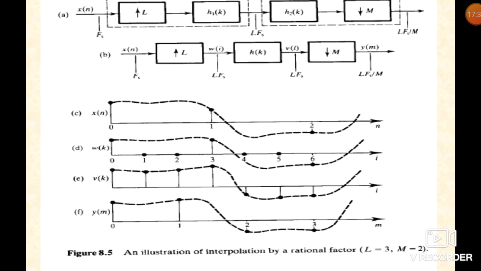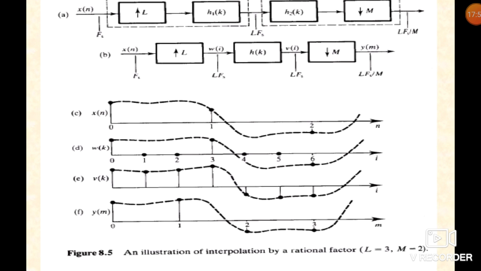After that, that particular v of k has been reduced by a factor of 2, so capital M is equal to 2. That means we have to discard M minus 1 samples between the samples. M minus 1 means 2 minus 1, so one sample we have to remove.